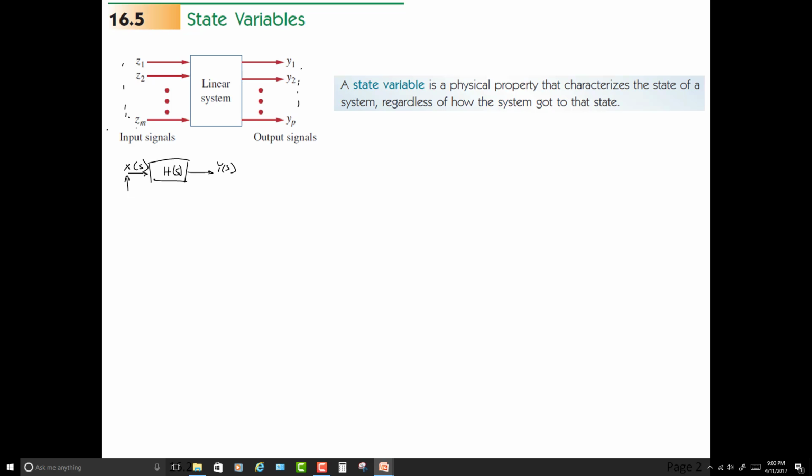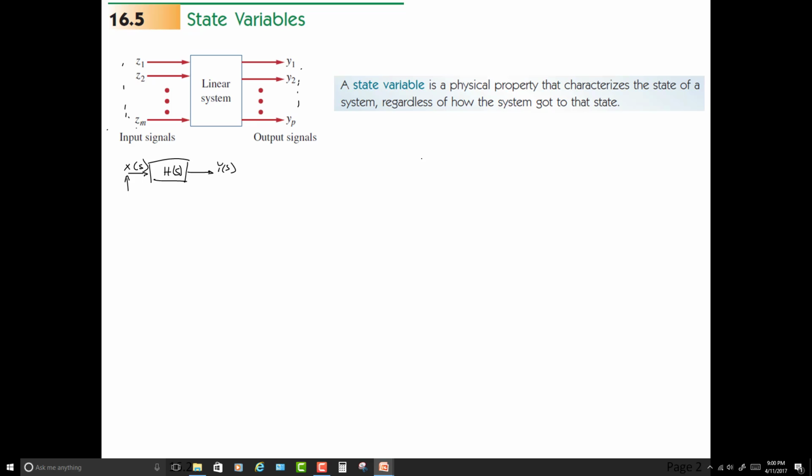As it says here, a state variable is a physical property that characterizes the state of a system, regardless of how the system got to that state. State variables could be things like temperature, pressure, current, magnetic fields, other force fields, applied stresses.